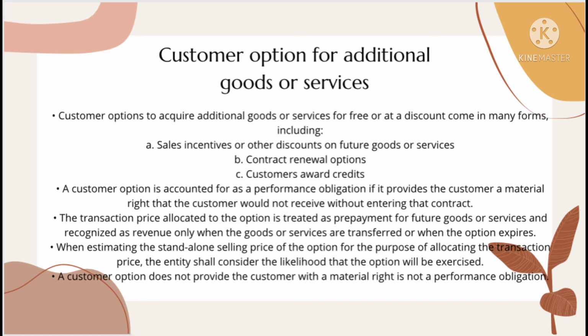Even if a customer has the option to purchase an extra good or service at a price that reflects the stand-alone selling price for that good or service, the option does not give the customer a material right. In certain circumstances, the business has made a marketing offer that it must account for under this standard only if the client chooses to acquire the additional goods or service.